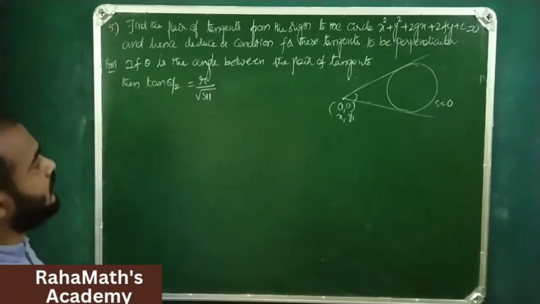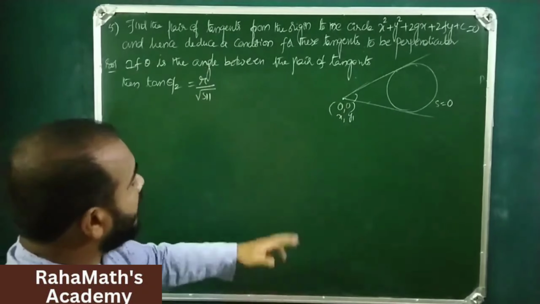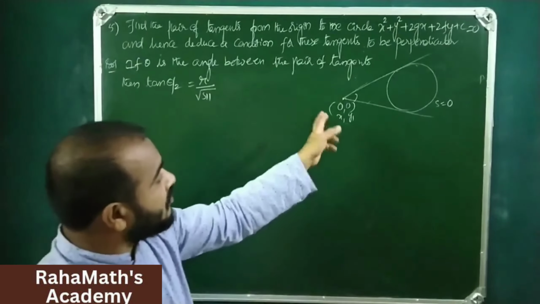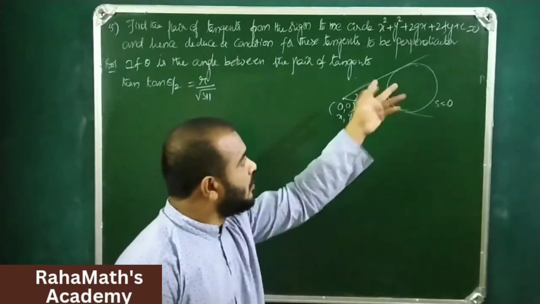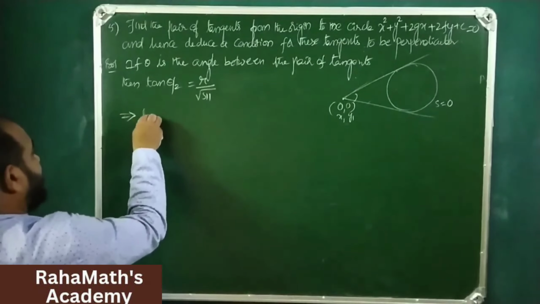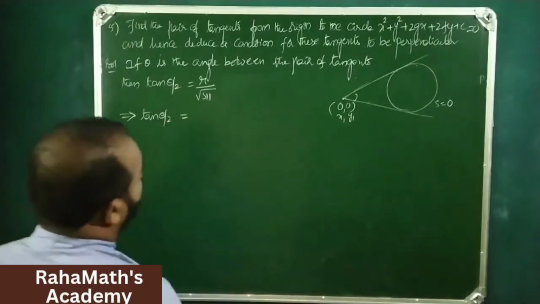This we knew. r is the radius of that circle and root S11 is the length of the tangent drawn from the external point, which is (0, 0) in this problem, to the given circle. So tan theta by 2 is equal to r.